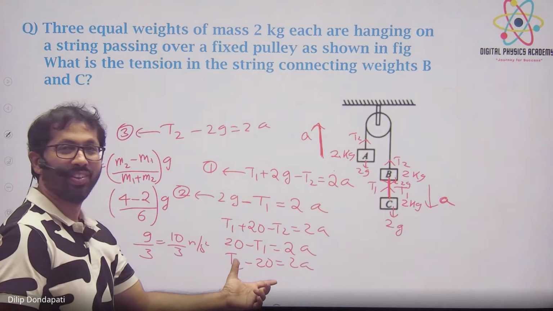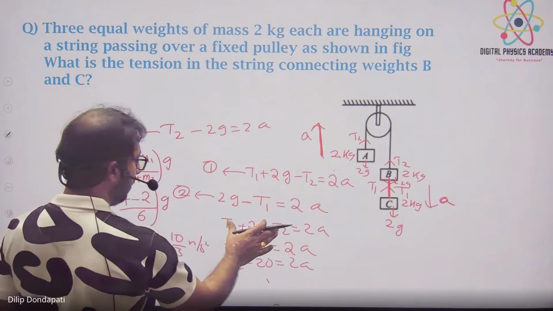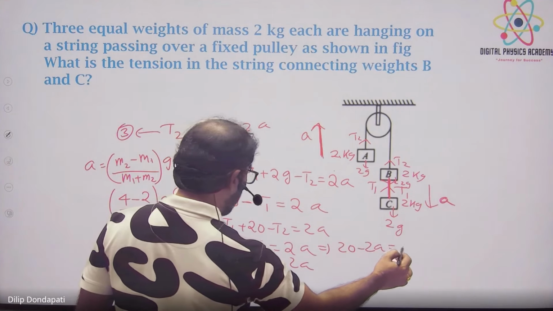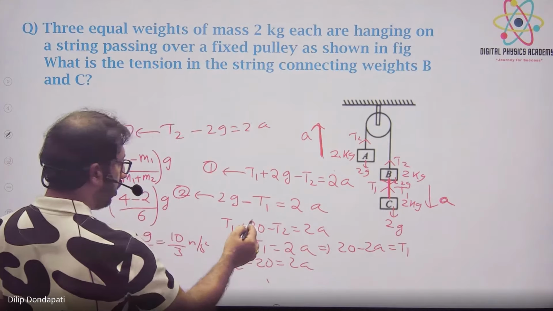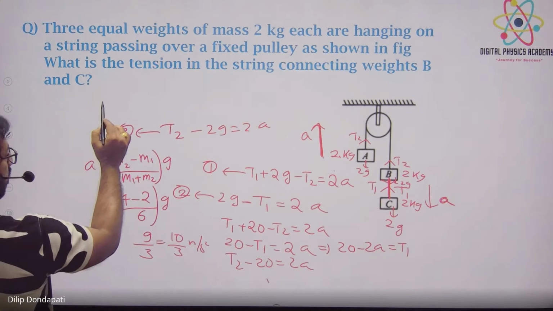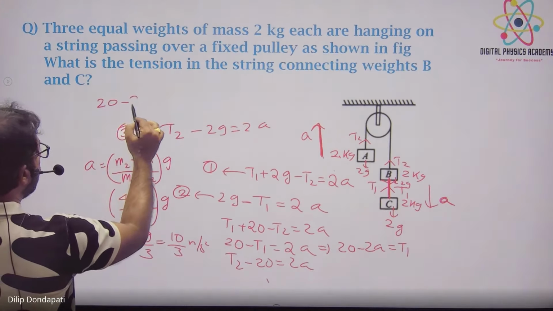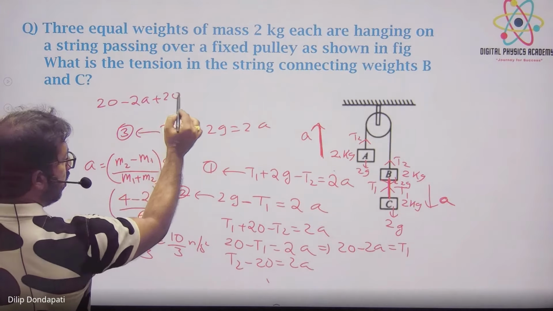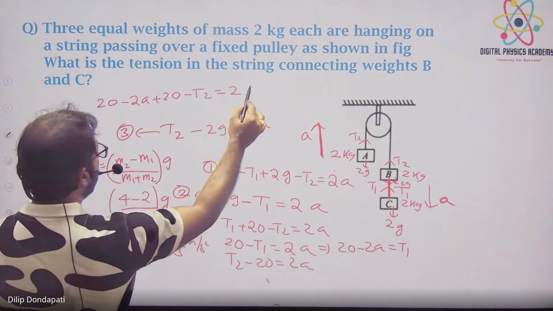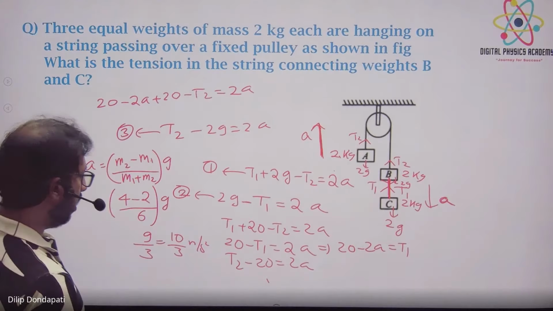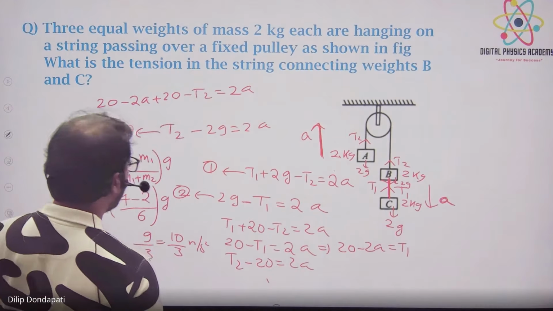In the first equation I put the T1 value from the second equation, and from the third equation the T2 value. 20 minus 2a is equal to T1, right? Substitute in this. So T1 is 20 minus 2a, plus 20 minus T2 is equal to a. So substitute the T2 value also over there.